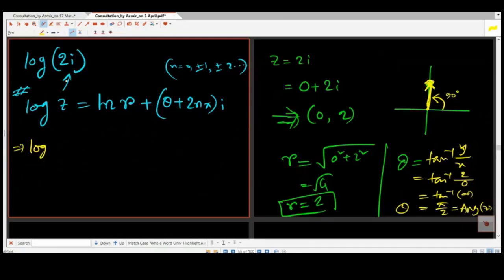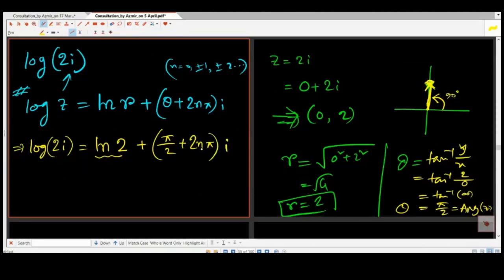Log of 2i equals natural log of r, natural log of 2, this is just acting as a real log, it is unique, plus argument, pi by 2, plus 2n pi i. So this is our final result.